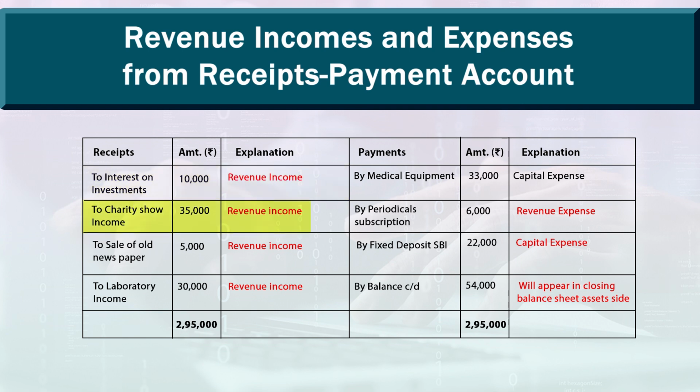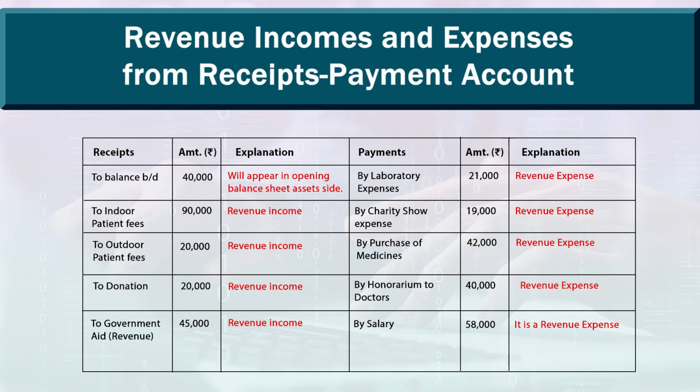We have charity show income of rupees 35,000. It is also a revenue income. Then we have sale of old newspapers of rupees 5,000. It is also a revenue income. After that, we have laboratory income of rupees 30,000. Again, it is a revenue income.